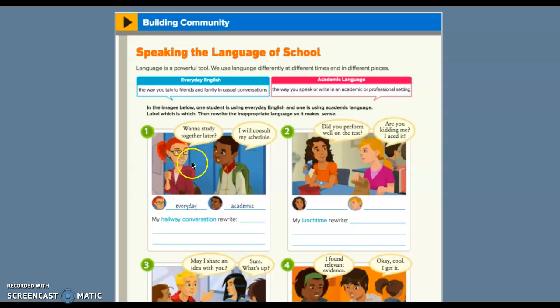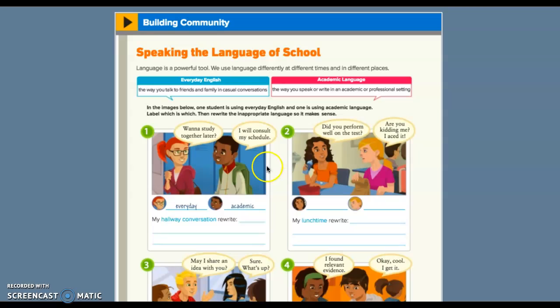These are two friends, obviously. "Want to study together later?" "I will consult my schedule." Which one sounds like everyday language, and which one sounds like academic or business language? So this girl, "wanna" is actually not even in the dictionary. That stands for "want to," right? She says, "Want to study together later," and he says, "I will consult my schedule."